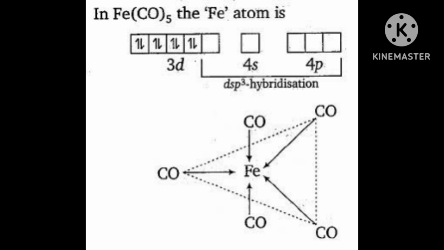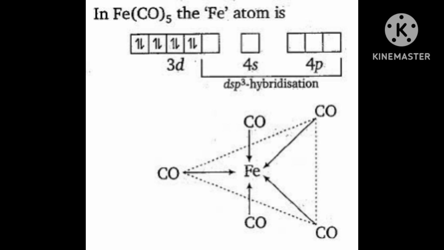Like that, third and fourth can join. These K1, K2 are the stepwise stability constants. This equilibrium constant is called a stepwise stability constant. The overall equilibrium constant is called the overall stability constant.